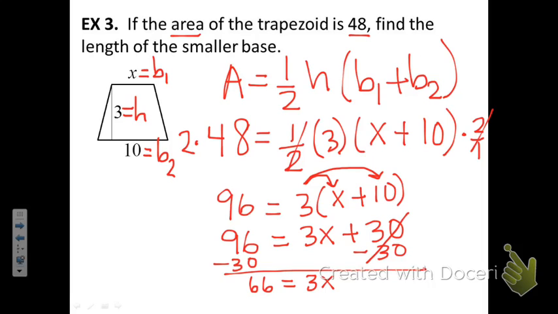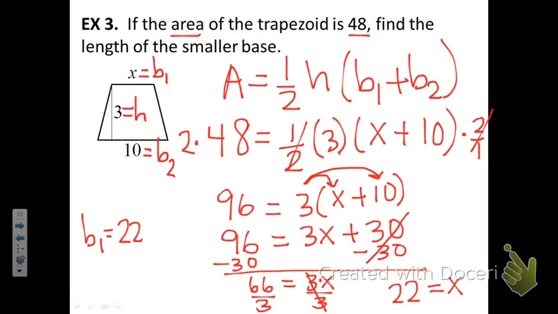And then to get that x all by itself, we're going to do the opposite of multiplying, which is to divide. These 3's divide out, and 3 divides into 66 22 times. So now let's come up and look at our trapezoid. We just found out that your B1 had a length of 22.